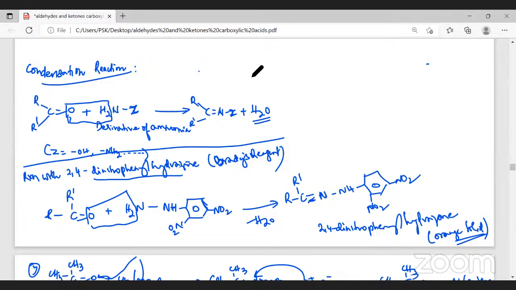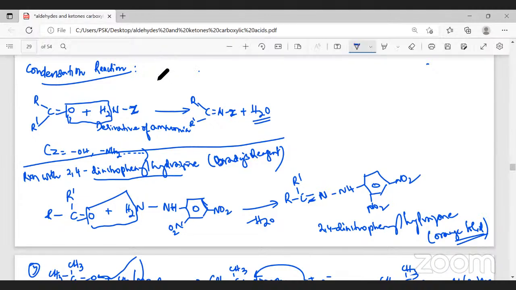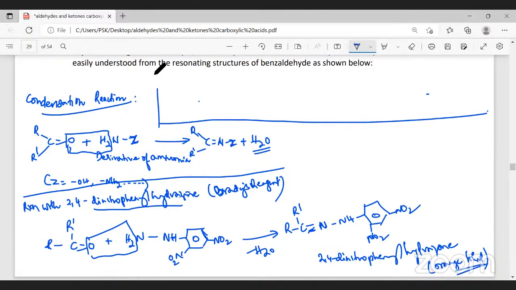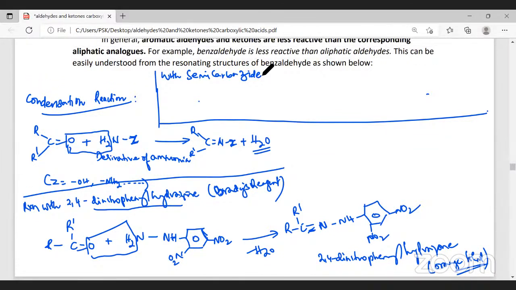The last reaction I have to teach you with respect to condensation reaction, I will write here. That is with semicarbazide. Semicarbazide. Now, a ketone or an aldehyde, we represent it like this.